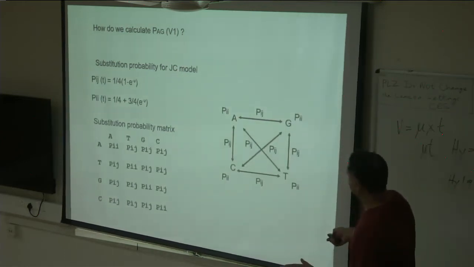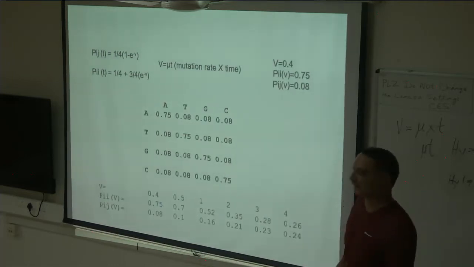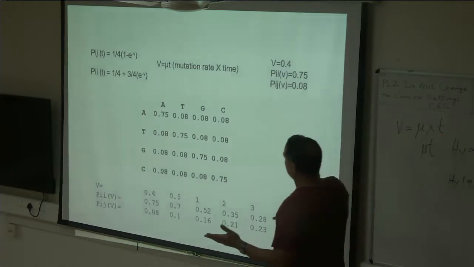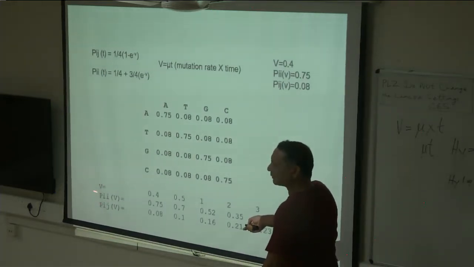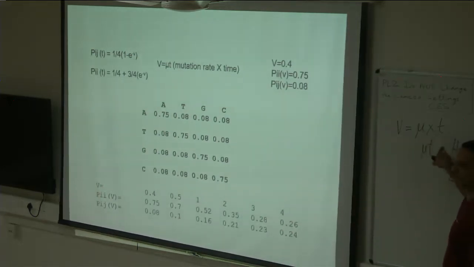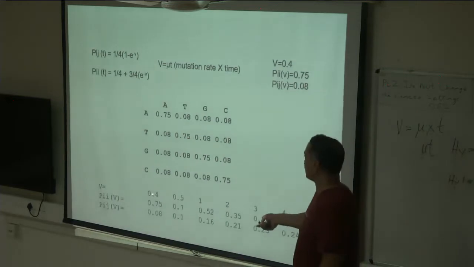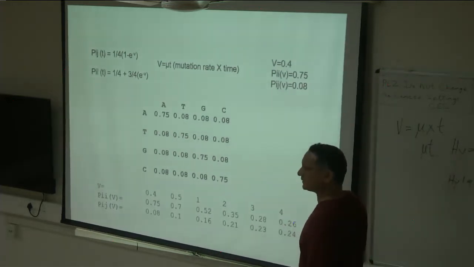Alright. So we have all the ingredients to calculate likelihood. So here's v, branch length, and remember v is mutation rate times time. Okay? So I've just put a whole bunch of branch lengths here.